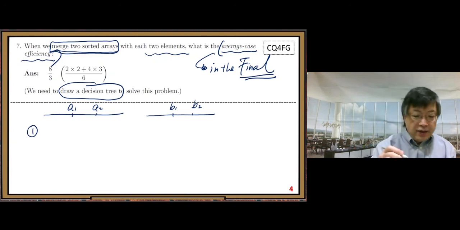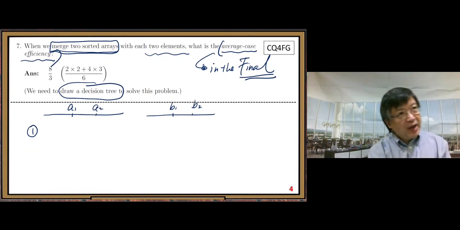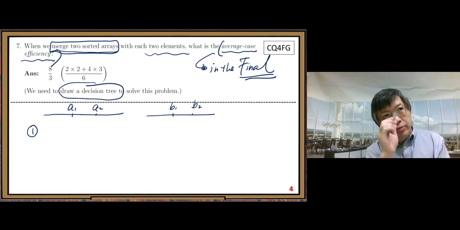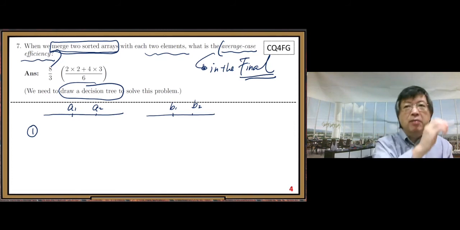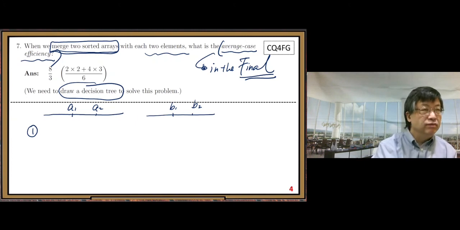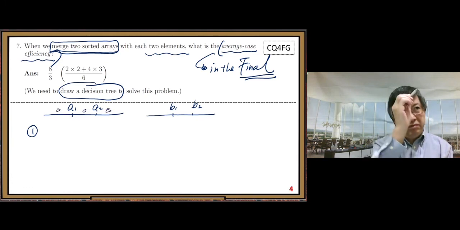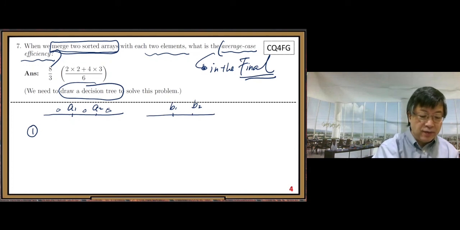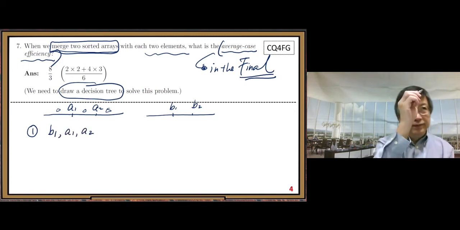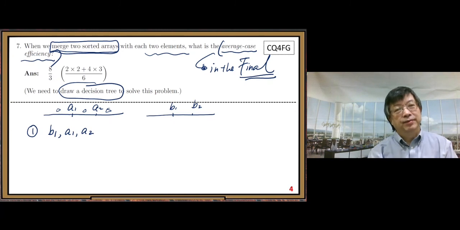Here, let's look at what could be the possible location of the B1 element after some comparisons in these places. So you can see the first case is B1, A1, A2. Okay, the first one.